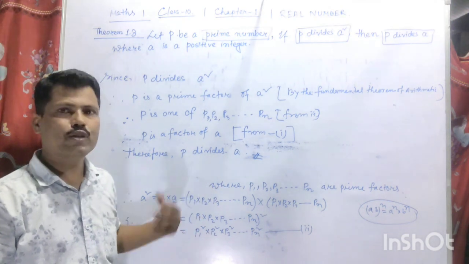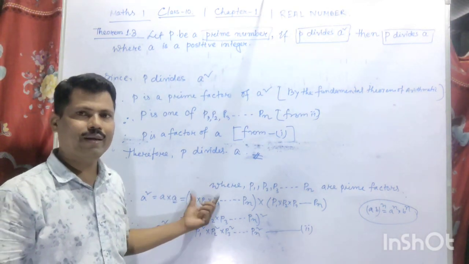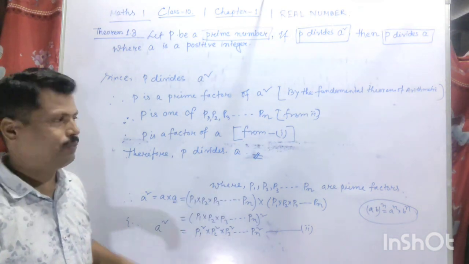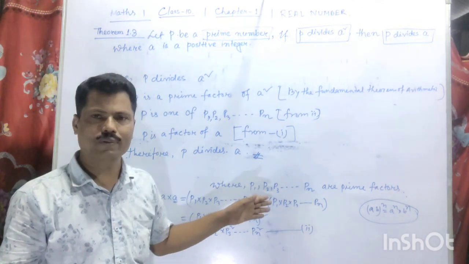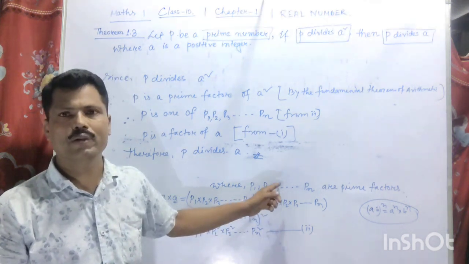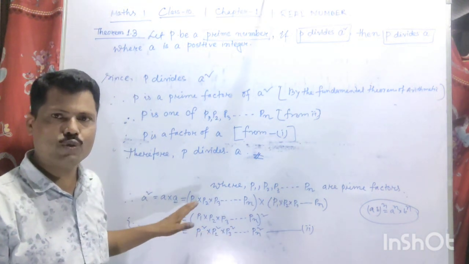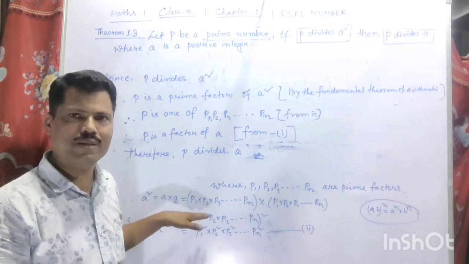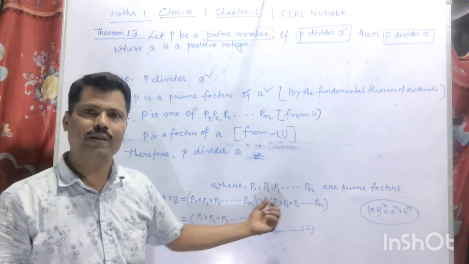Then a square means a into a, so we put the value of a here, p1 into p2 into p3 dot dot dot pn, and multiply once more by p1 into p2 into p3 dot dot dot pn. So a into a means a square, which is p1 into p2 into p3 dot dot dot pn whole square.